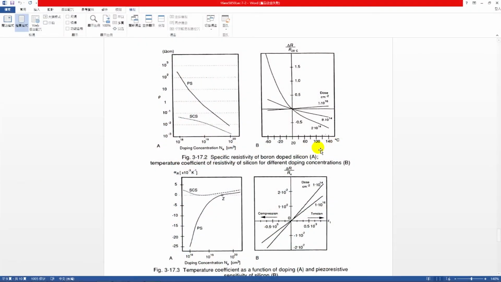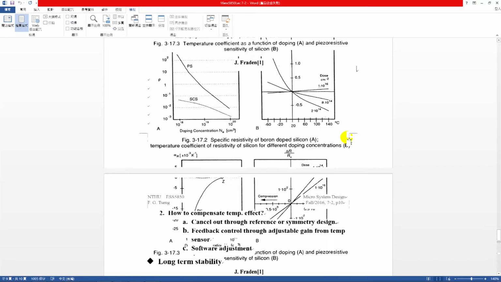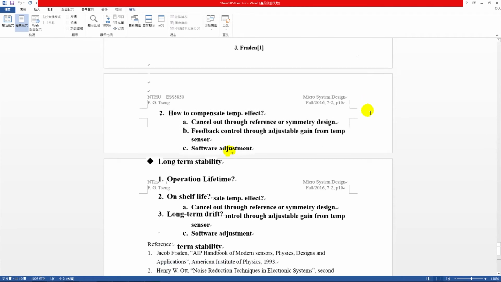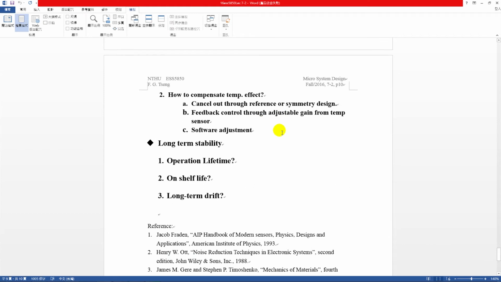And then how to compensate the temperature effect? Actually, it's a more advanced topic. It's beyond the scope of the course, but I just mentioned several you can consider. The first one, we can try to cancel out the temperature variation, the effect, by design the resistor as a symmetrical arrangement, like a Wheatstone bridge.